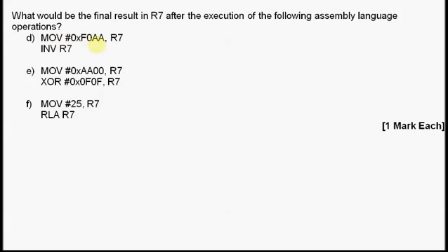So obviously if we're moving this into R7, we'll know what's going to be in R7. We can write that out in binary to make it a bit more obvious for us, particularly with this inversion one. Okay, we invert R7. If we invert R7, all our bits are flipped.